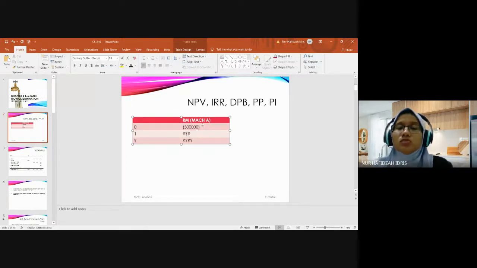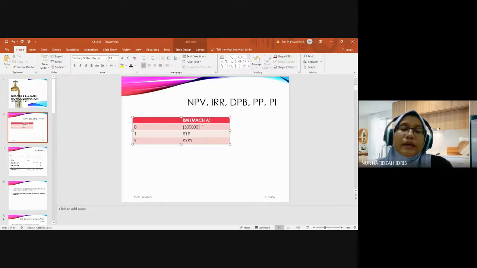Dekat kilang you tu dah penuh dah, tak ada tempat dah nak letak. Therefore, you need to rent a new building or a new land specifically to place your machine. And the rental cost, land rental ke building rental ke, katalah 50,000. Banyak now pula kan, tapi itu contoh. So the rental cost is 50,000, and that 50,000 is the incremental cash flow.